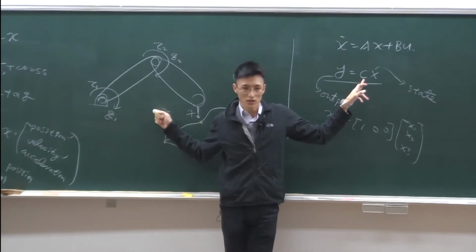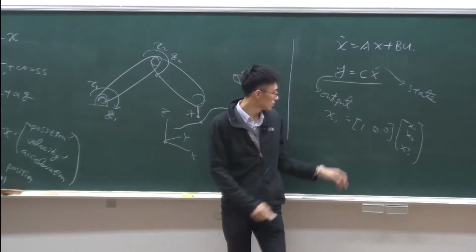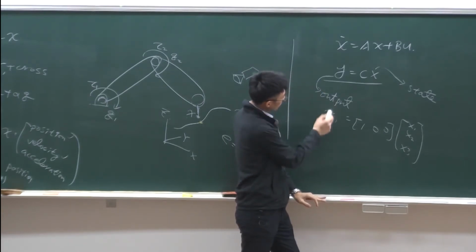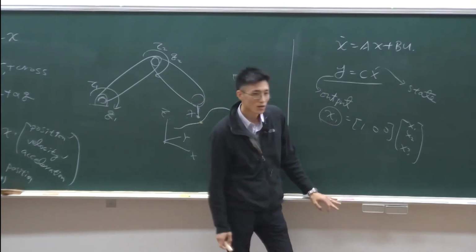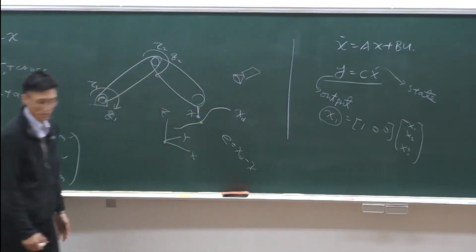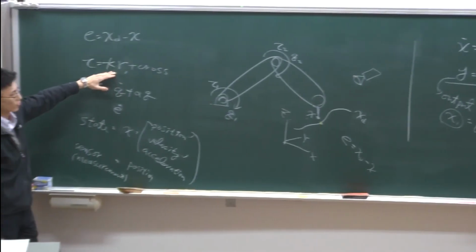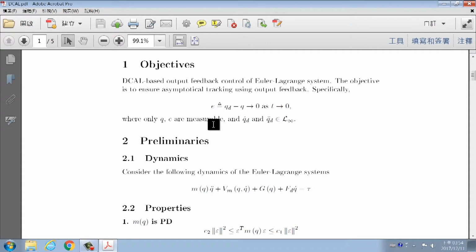In this case you can only measure the position, so this measurement matrix will be 1, 0, 0, which means the output is only position. You cannot measure the full state, but all the velocity terms you require for control. So this is the motivation for DCAL based control.